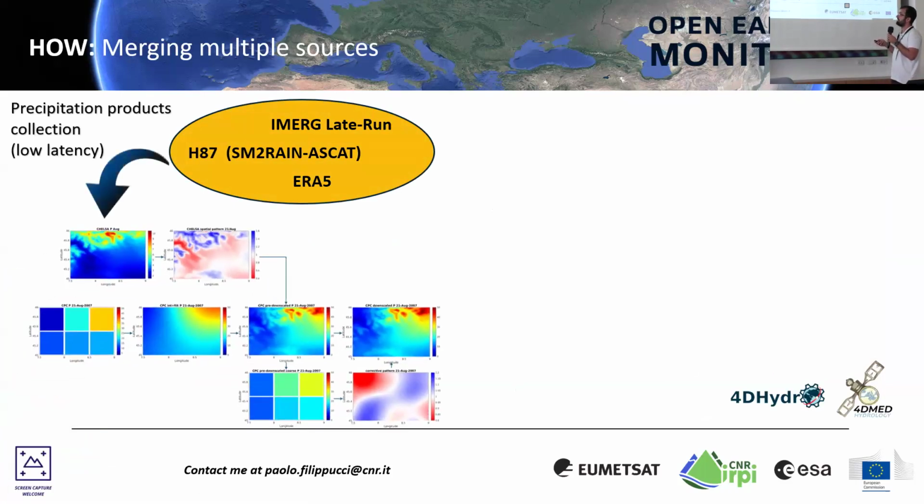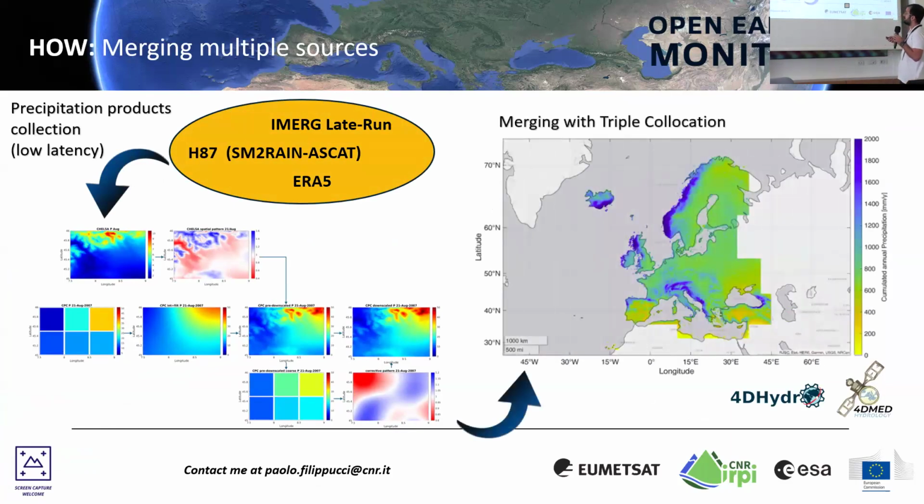We have downscaled them using the pattern from CHELSA, just the pattern, a climatological pattern, one for each month, obtained by averaging CHELSA, to better distribute the precipitation at coarse resolution. And then we have used the weights to obtain this product at 1 kilometer and daily scale.